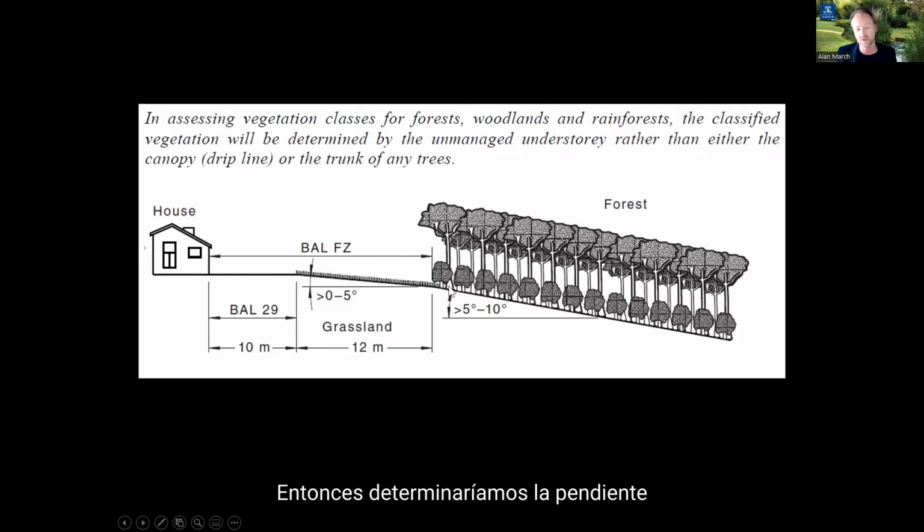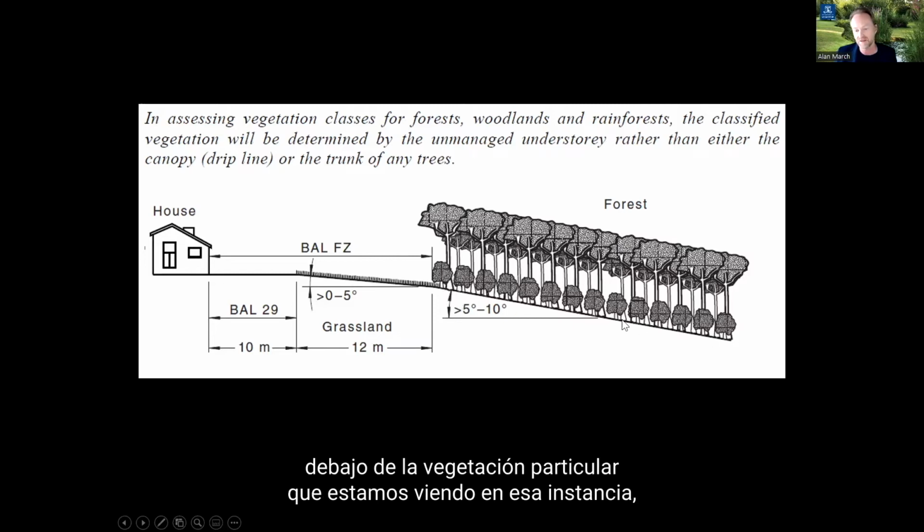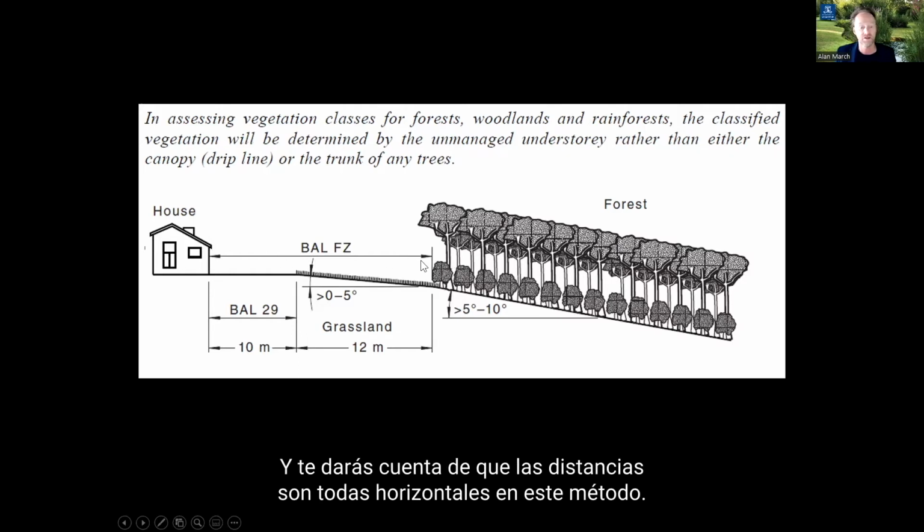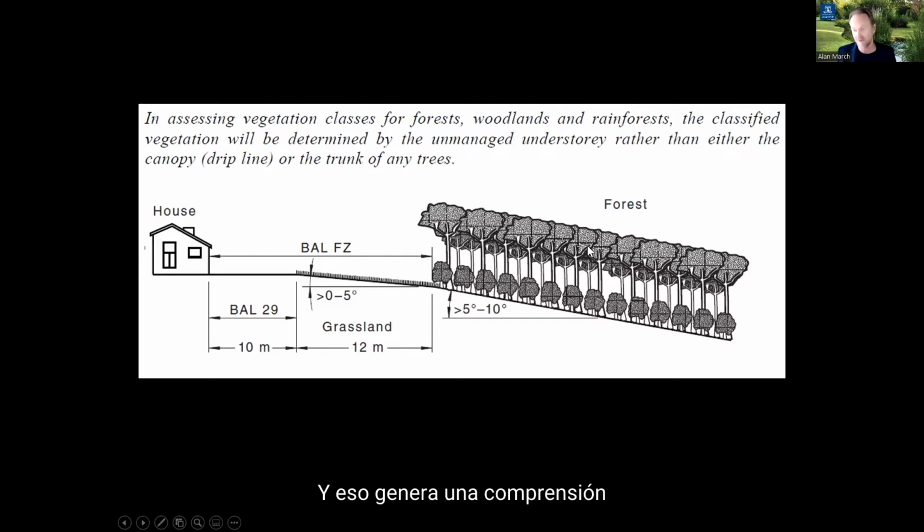Then we would determine the slope underneath the particular vegetation we're looking at in that instance, the distance to the edge of that vegetation type. And you'll notice that the distances are all horizontal in this method. And then that generates an understanding of the bushfire attack level from that particular bit of vegetation.